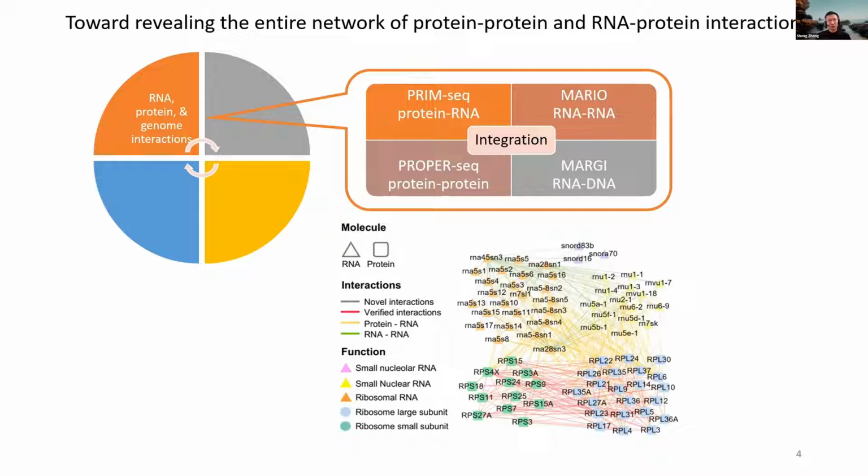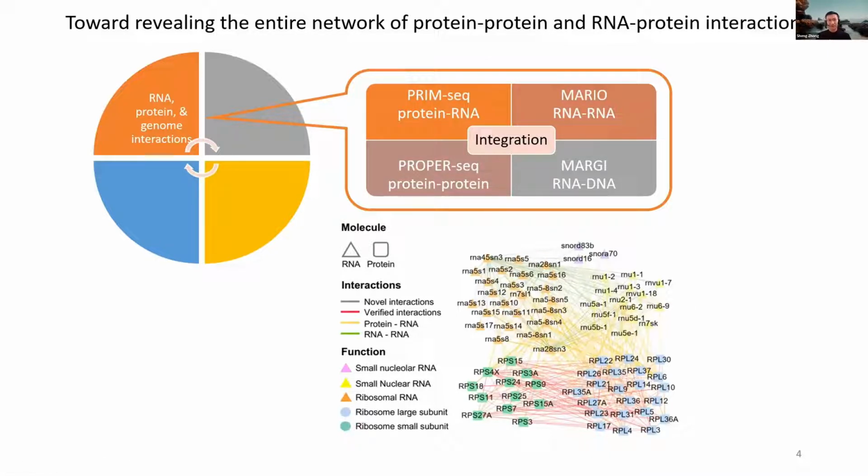So these tools are PROPER-seq for protein-protein interaction, MARGI for RNA-DNA interaction, Mario for RNA interaction, and they are published technologies. And we have an ongoing piece of work that hopefully would allow us to review many RNA binding proteins de novo, as well as their RNA targets.